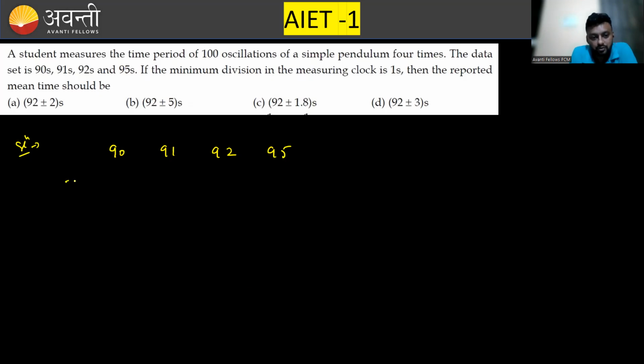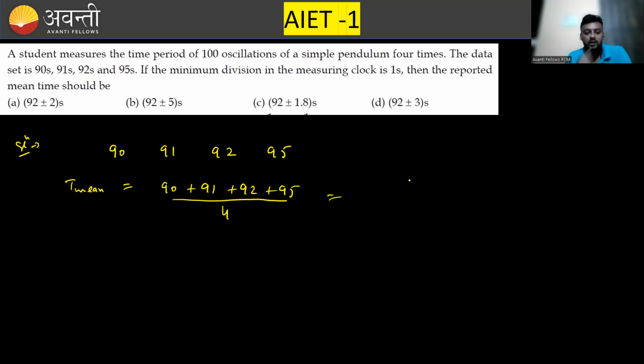T mean will be 90 plus 91 plus 92 plus 95 divided by 4. If you add it, that is 368, divided by 4. So the mean time is 92. One thing is clear, 92 is everywhere.